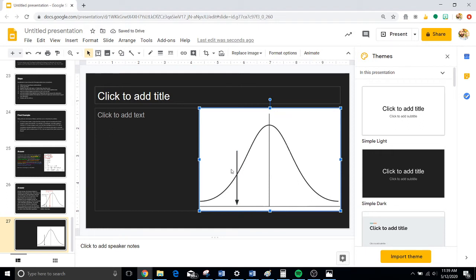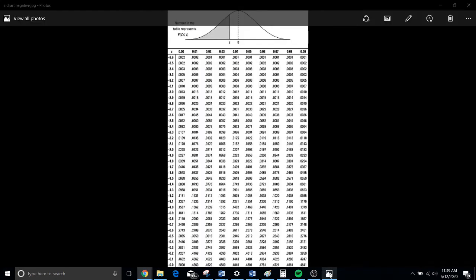Now what we need to do is find 10% on our z-chart. We know that 10% is less than 50%. Because we know this, we're going to use our negative z-chart, which I have right here. We're looking for 10%, and I think the closest we get is right over here at about 0.1003.